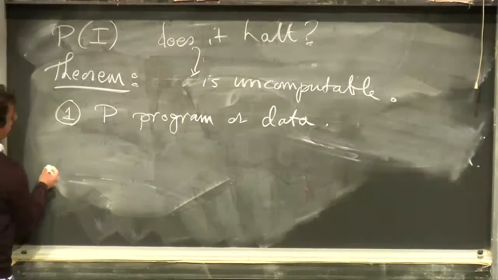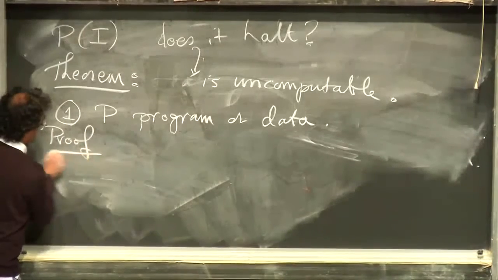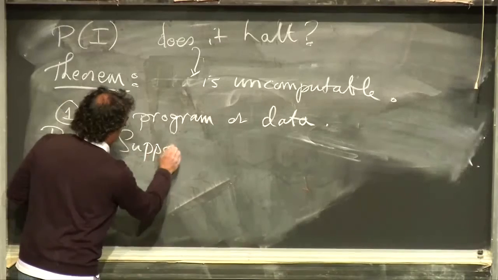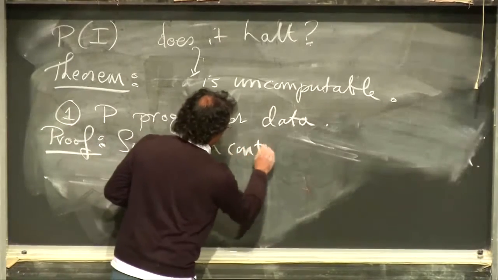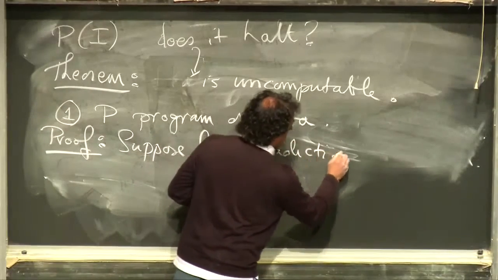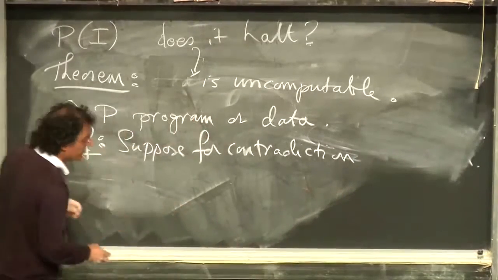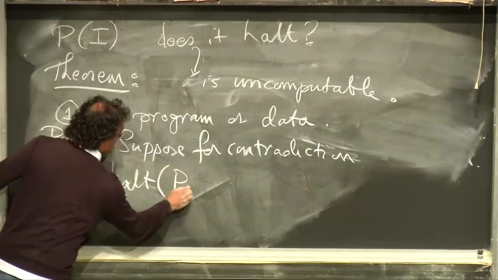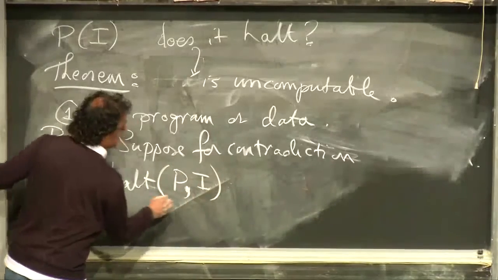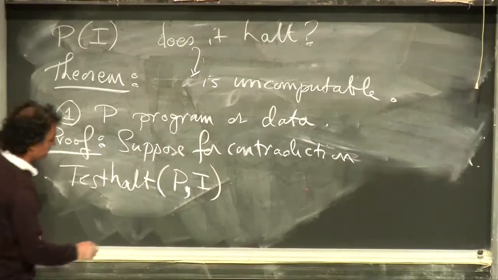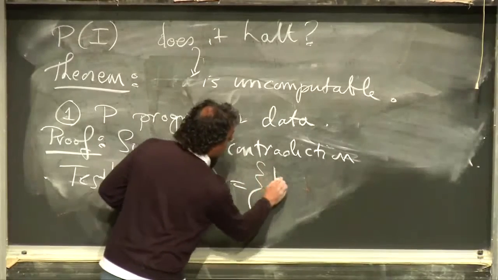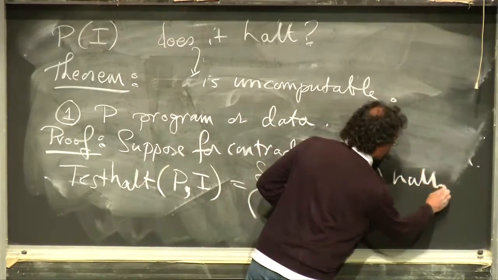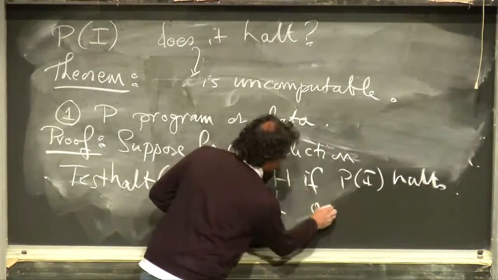Here's a proof. Again, suppose for contradiction you have a program, test halt, that on input a program P and an input to it, outputs H if P of I halts, and L otherwise.